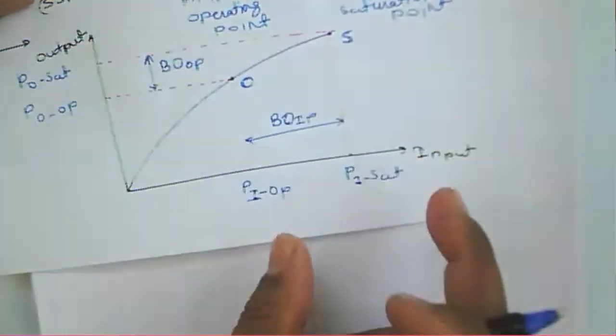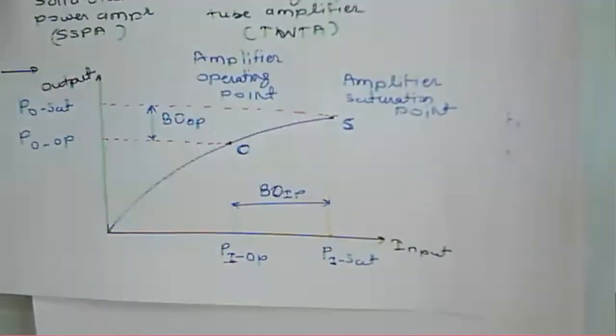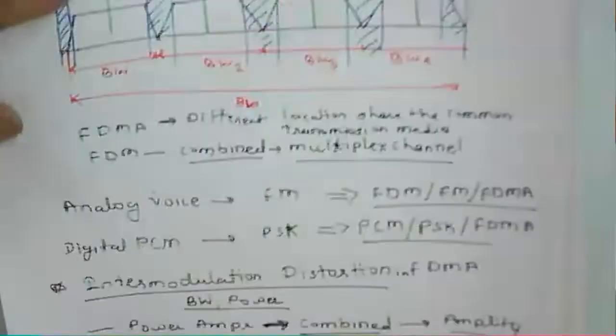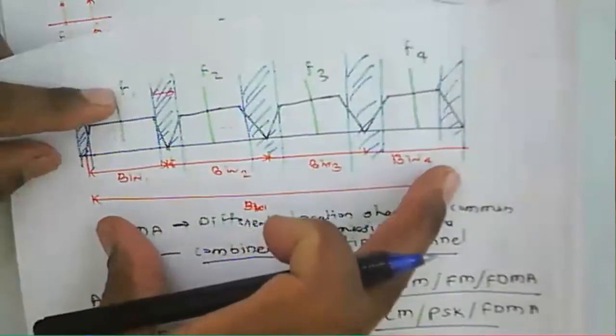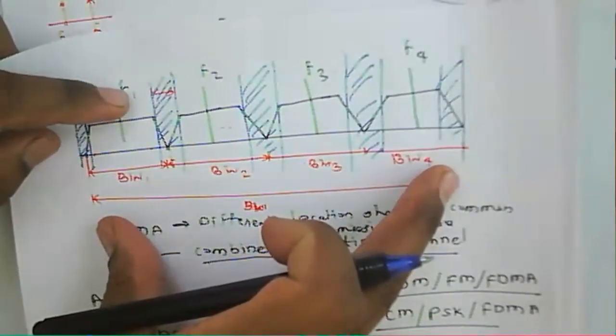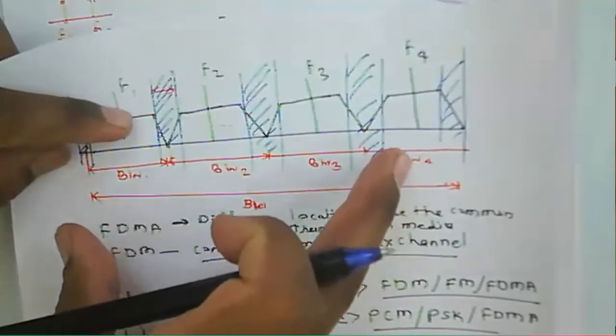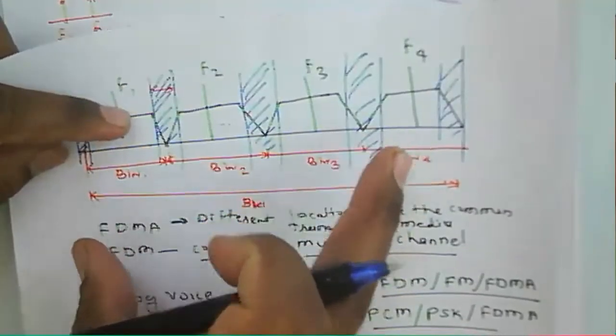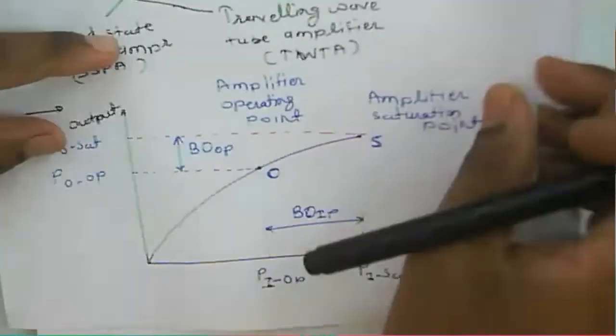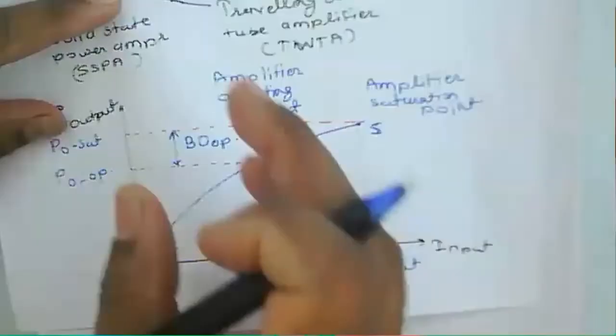If the channel capacity is reduced, means the total available bandwidth, whichever bandwidth is available here, will be reduced, because that will limit the noise.